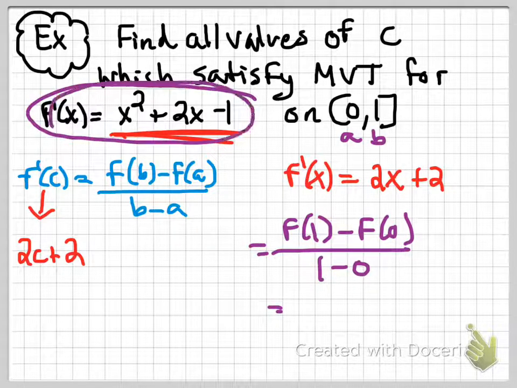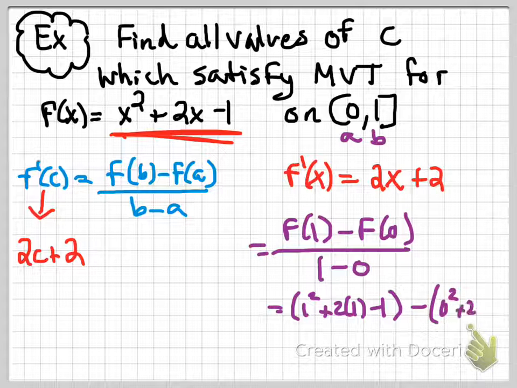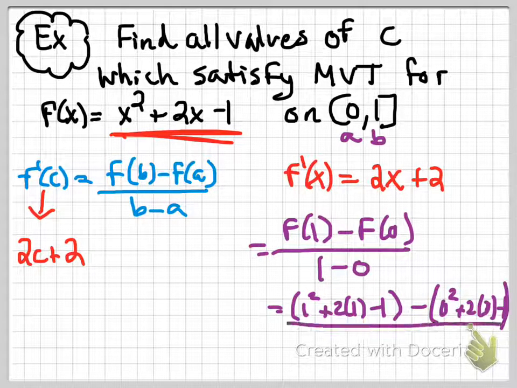So when we plug it in, we get 1 squared plus 2 times 1 minus 1, minus, we'll plug in 0: 0 squared plus 2 times 0 minus 1, all over 1. And so we just got to clean all this up, get an answer. If you clean everything up and figure out what this fraction is equal to, you should get 3 over 1, so 3.